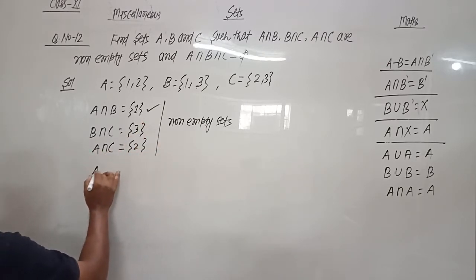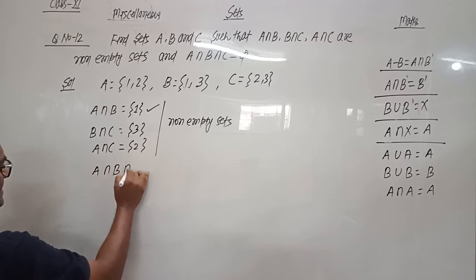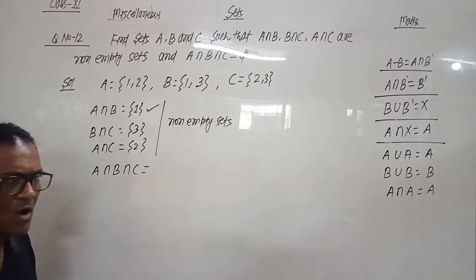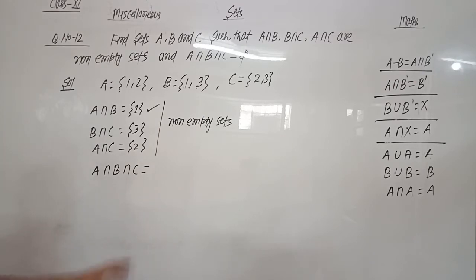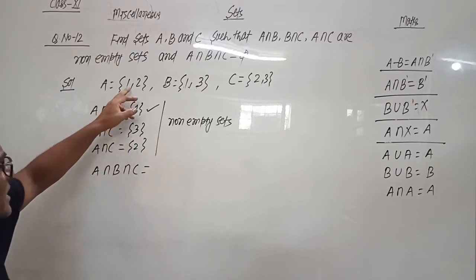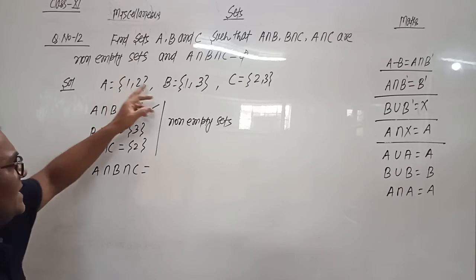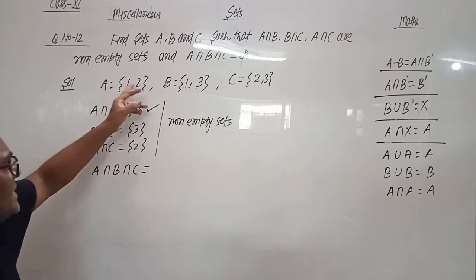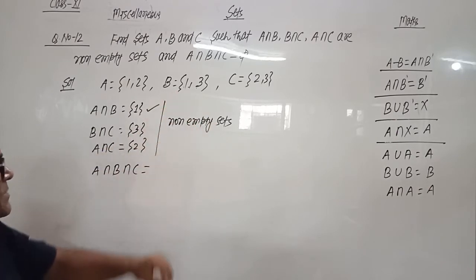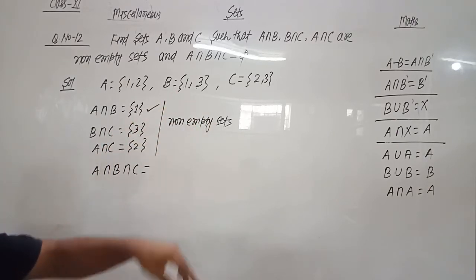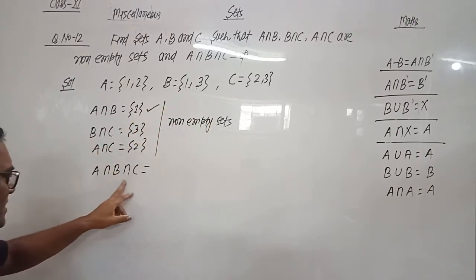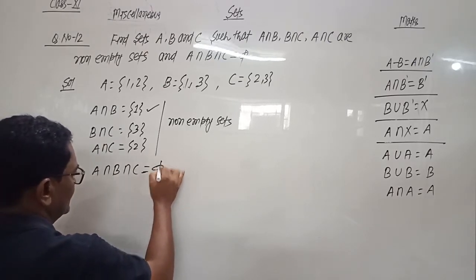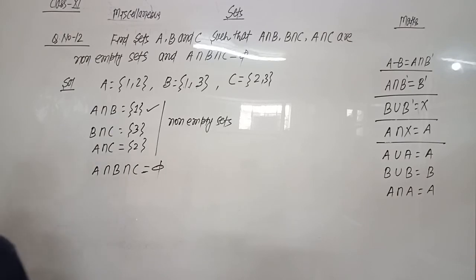But A intersection B intersection C: in all these three sets, nothing is common. 1 is available in A and B but not in C, 2 is present in A and C but not in B, 3 is present in B and C but not in A. So there is nothing common in A intersection B intersection C. So this is equal to the empty set.